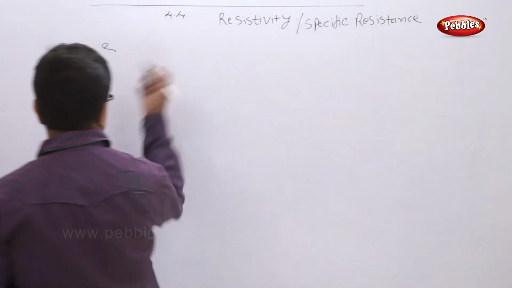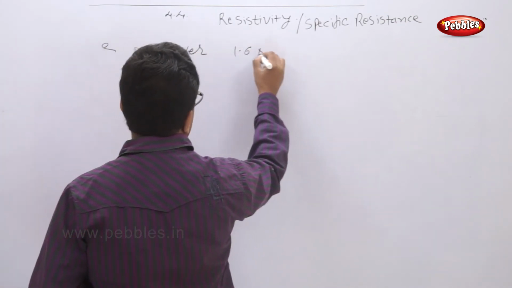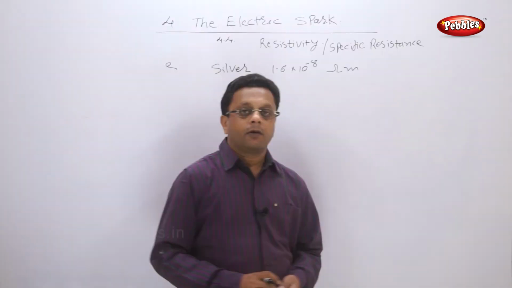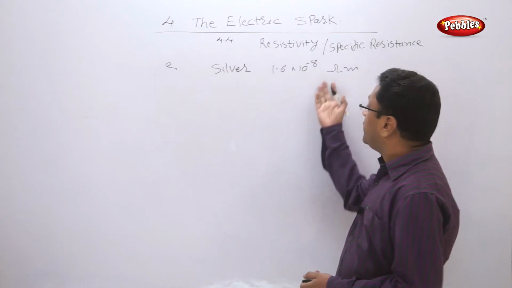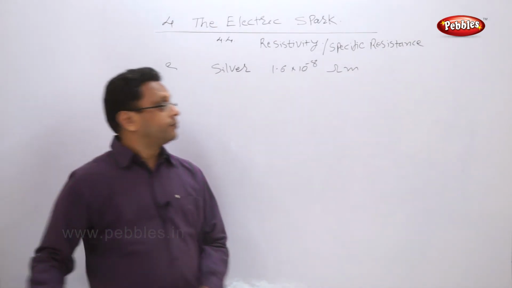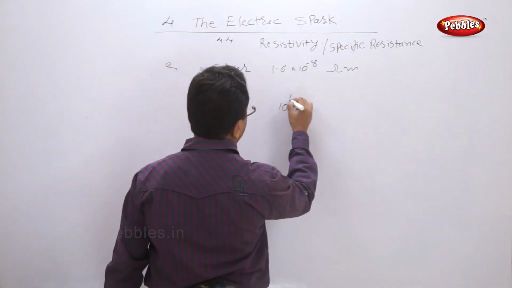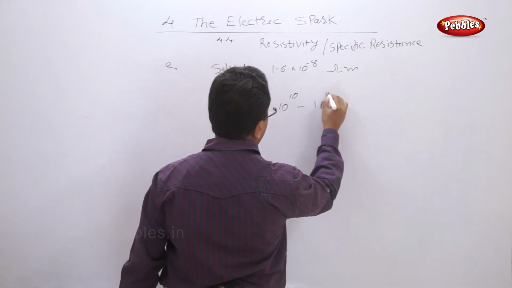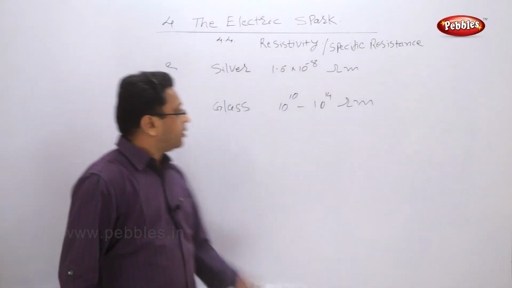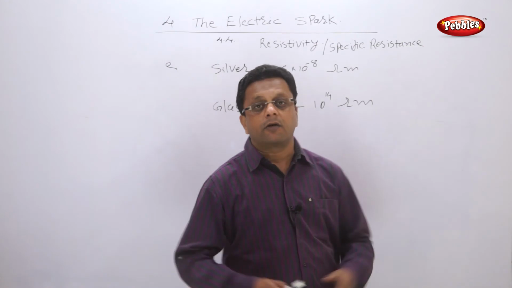The best conductor of electricity is silver with 1.6 into 10 raised to minus 8 ohm meters, a very small value. For glass, it is 10 raised to 10 to 10 raised to 14 ohm meter. The specific resistance of glass is very high, which means it is a bad conductor of electricity.